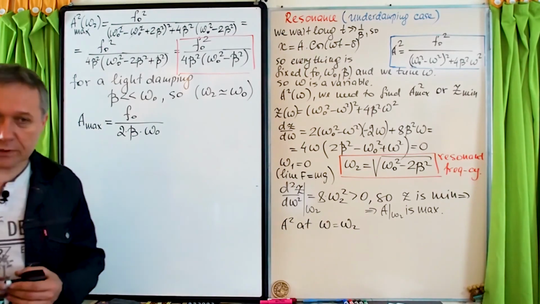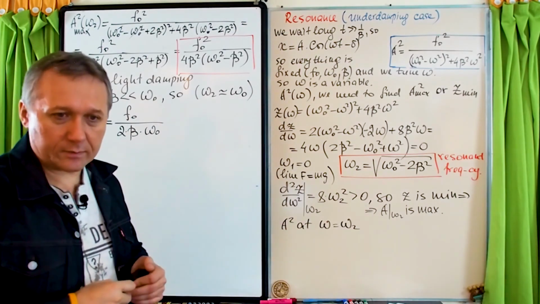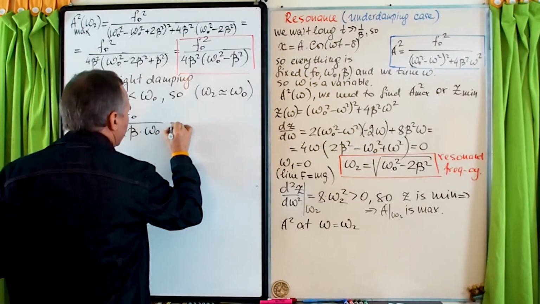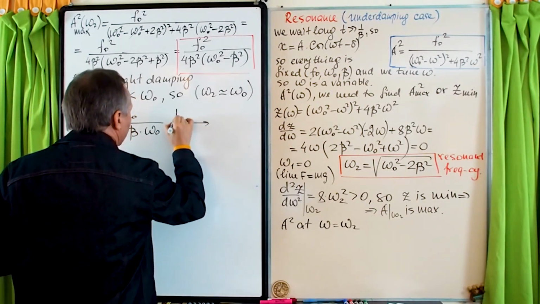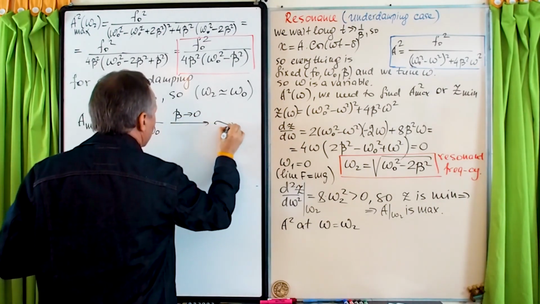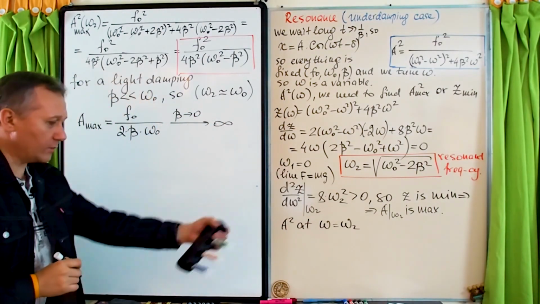But again, it's only for the light damping case. So now if beta goes to 0, very small, then of course amplitude goes to infinity and the system can be damaged.